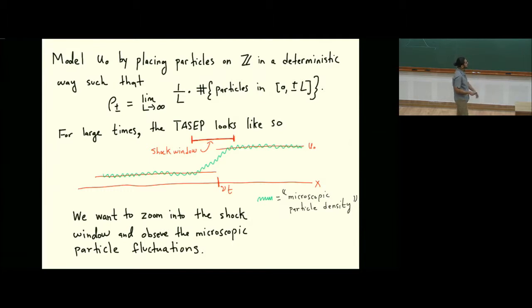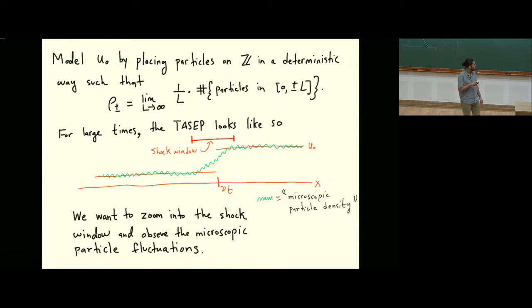So if you do that and you observe the TASEP, you will see some macroscopic density that just moves in time in this direction. And then you imagine that there's some kind of macroscopic density of the particles, which is in the green here. And in the TASEP, macroscopically the shock is not abrupt.